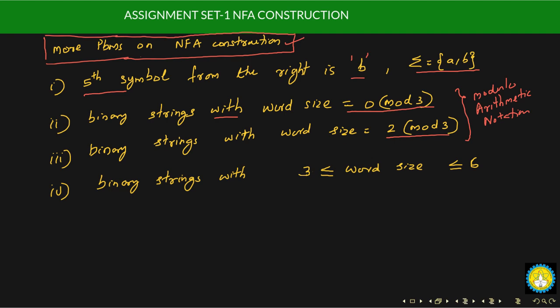Now the last question here is to design an NFA for accepting binary strings with the specification of word size. It tells you that the word size has to be greater than or equal to 3, but it has to be less than or equal to 6, right? So you have to construct an NFA for that.